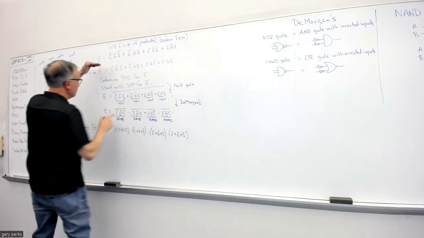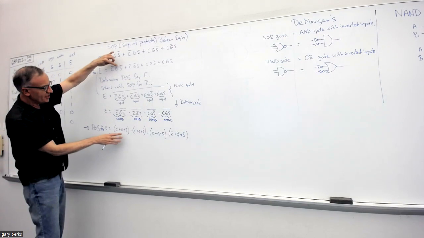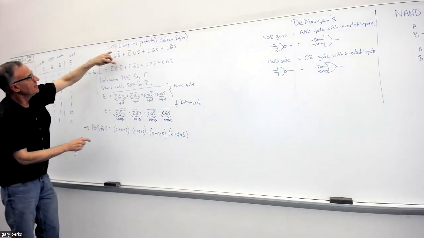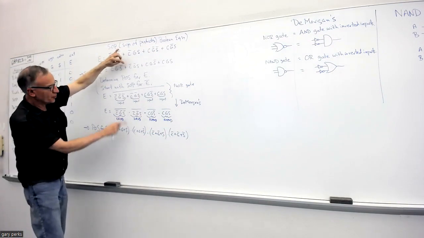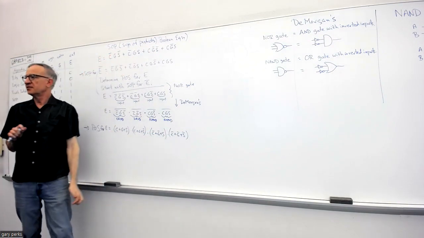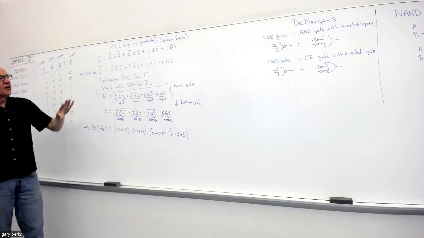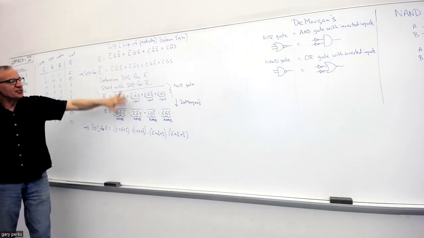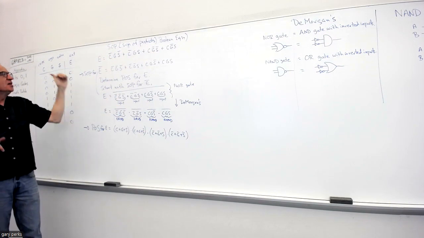Right? You see how if you compare this to this, the E got inverted, CGS got inverted, CGS got inverted, right? All this got inverted. These ANDs went to ORs, and these ORs went to ANDs. Okay? So it's just this one time that I show the derivation, just so you know where it comes from.